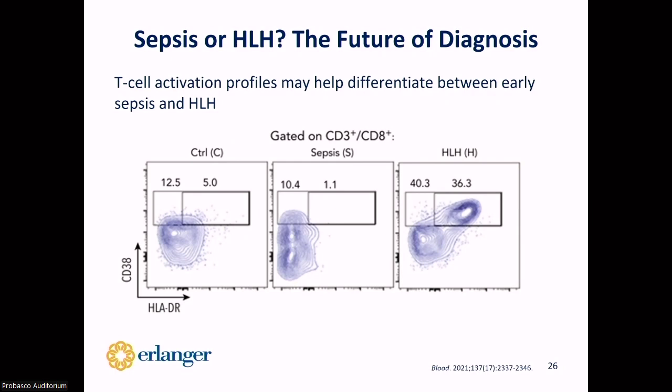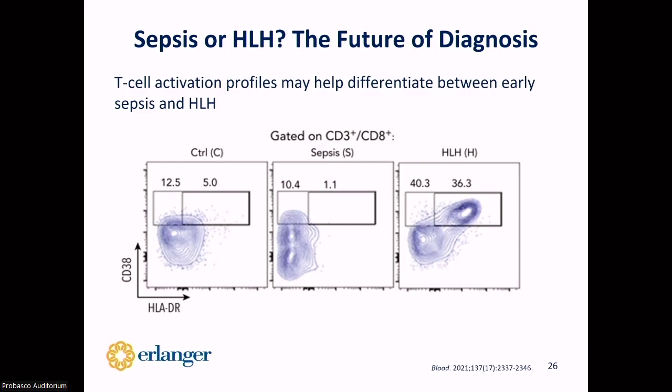So this graphic that I'm showing you here is from a study that was conducted among pediatrics in Texas and Arizona. It only included 62 patients, but they wanted to distinguish T cell phenotypes. What they did is analyze the flow cytometry of kids that both met severe sepsis criteria and those that met the HLH 2004 criteria, in addition to a control.